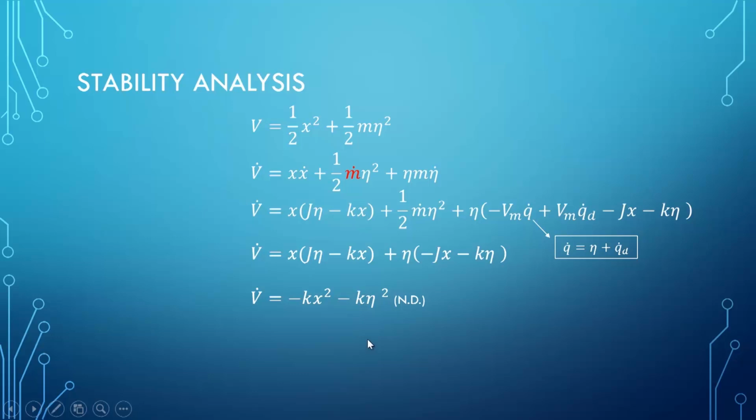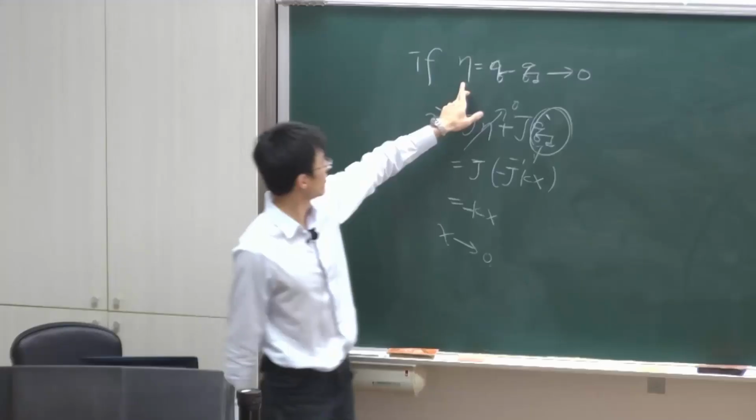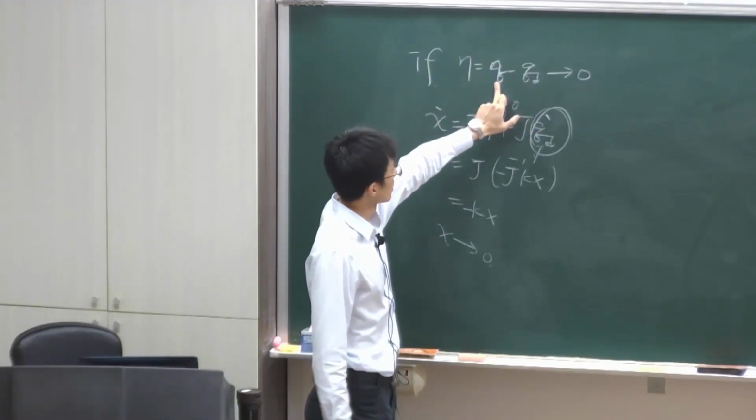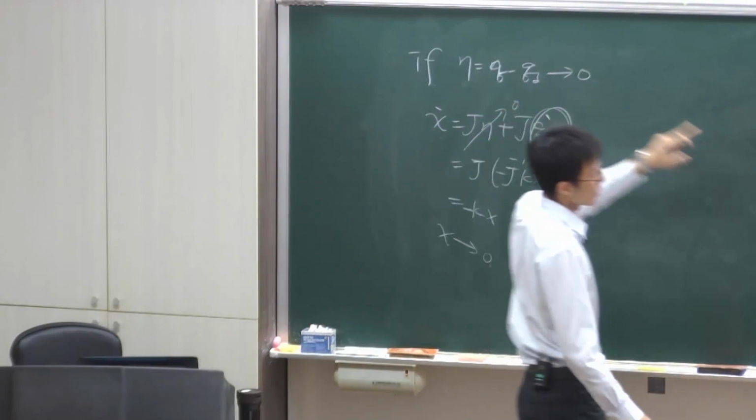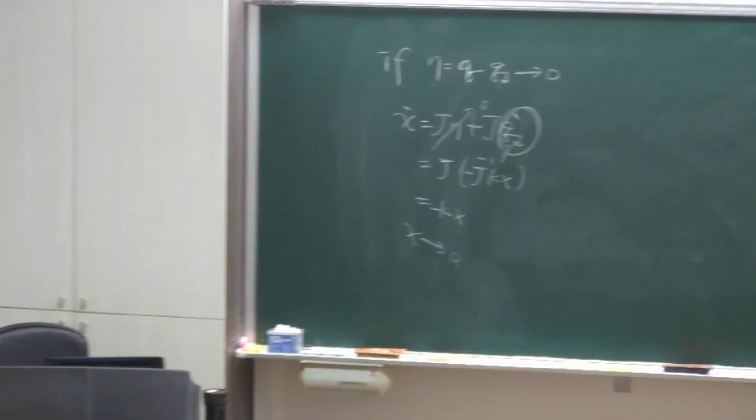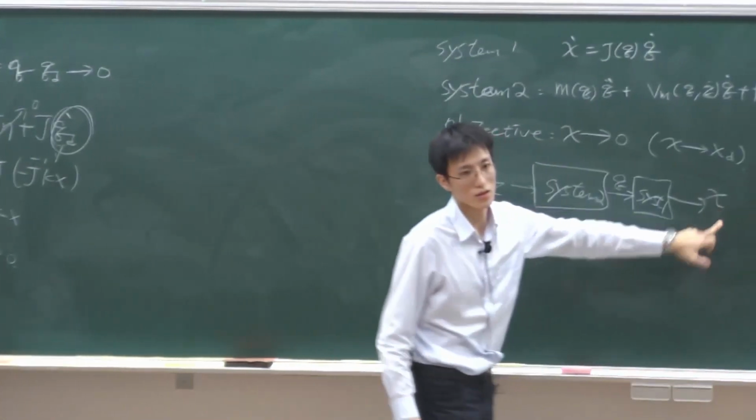Okay? 听懂吗? So this means that eta will eventually be 0, and that means that Q will track QD. And as long as Q becomes QD, x will be 0.